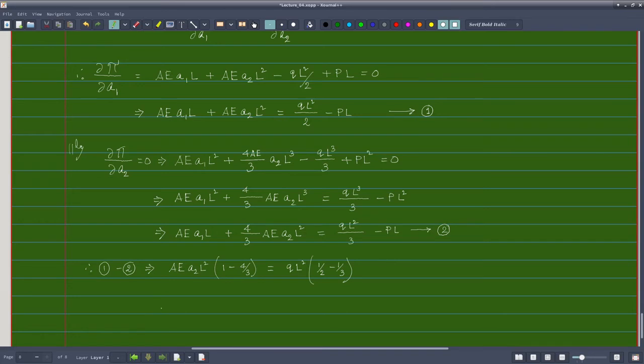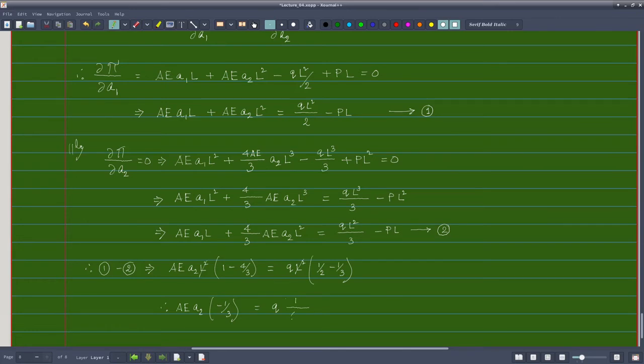So now I can find out the value of A2 here. Again this L square will cancel, and therefore let me first simplify these fractions. This is 3 minus 4, so minus 1 by 3 is equal to Q into half minus 1/3, so 1 upon 6, right?